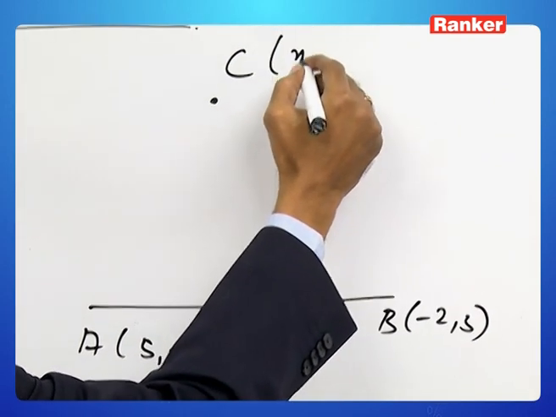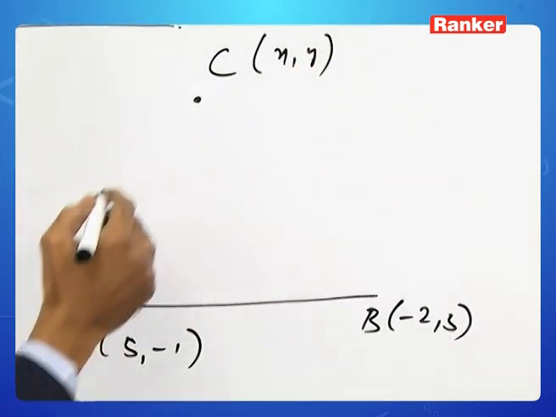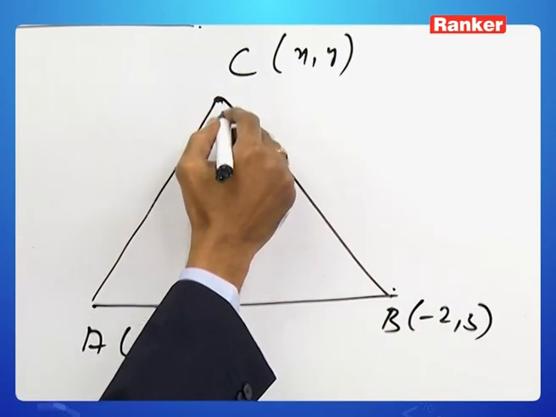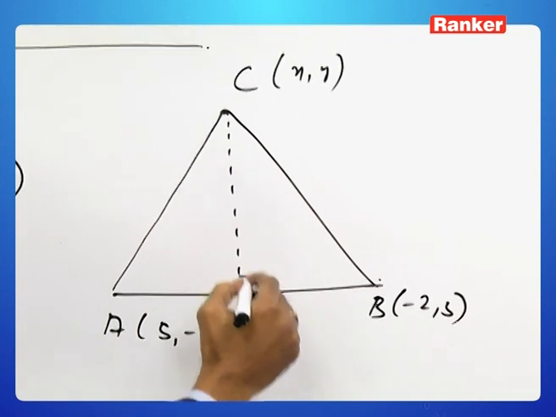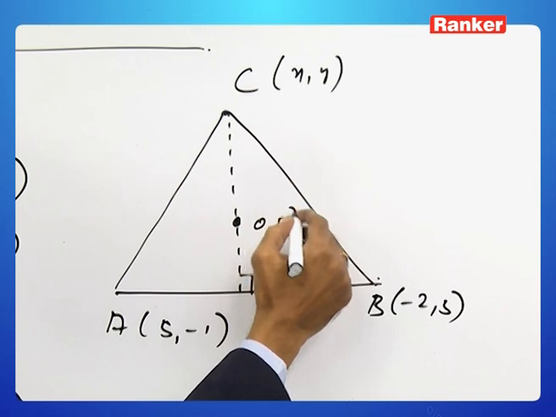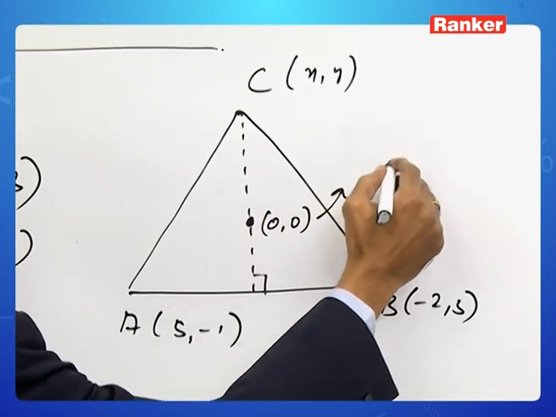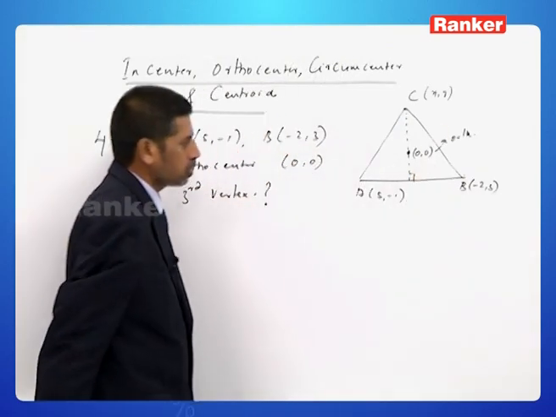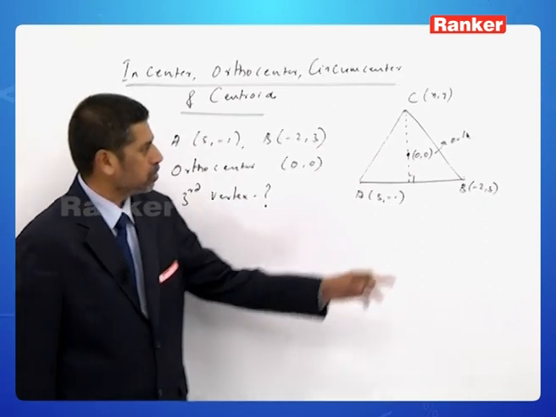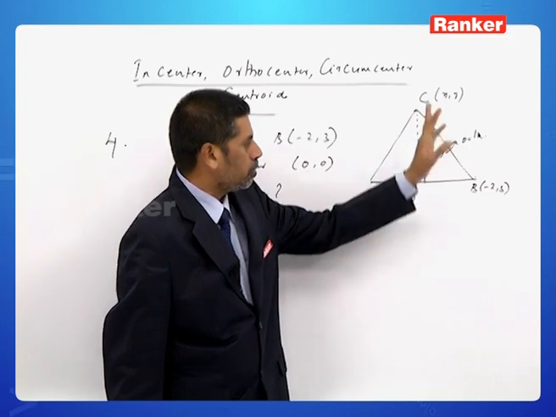The unknown vertex we'll take as (x, y), and the origin is the orthocenter. Right? Now the problem is to determine x comma y.